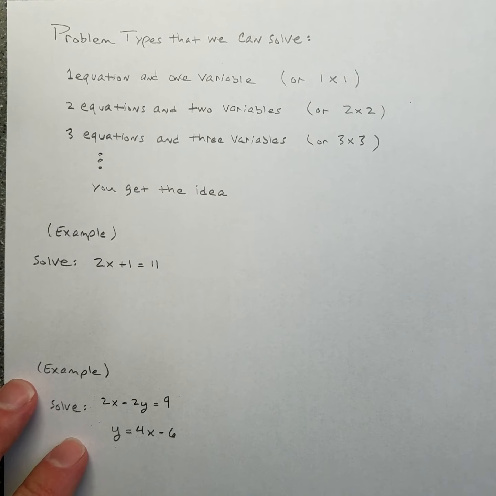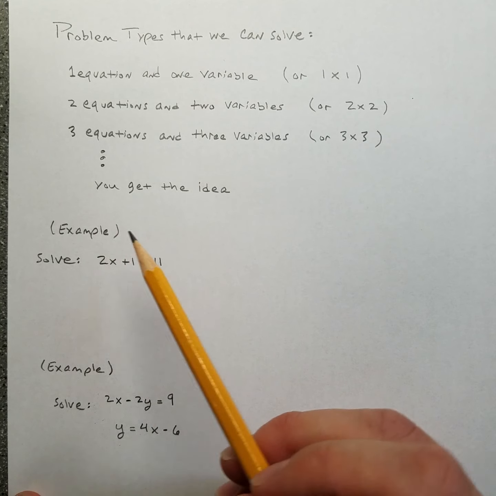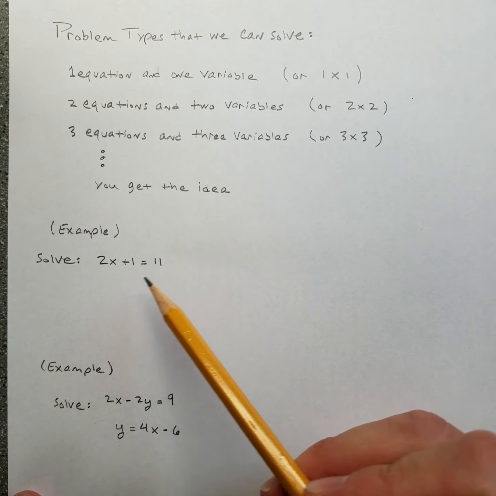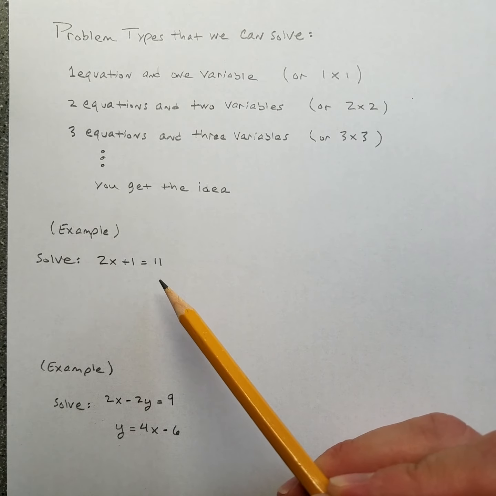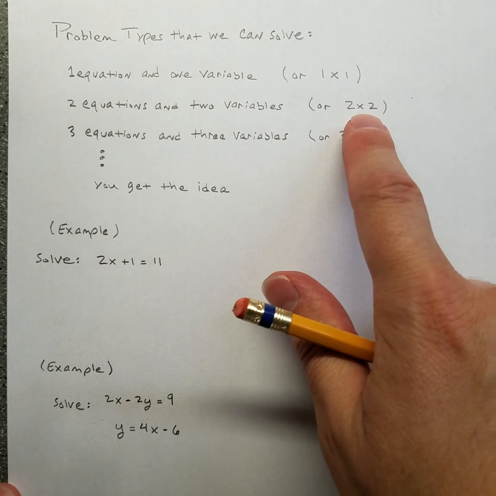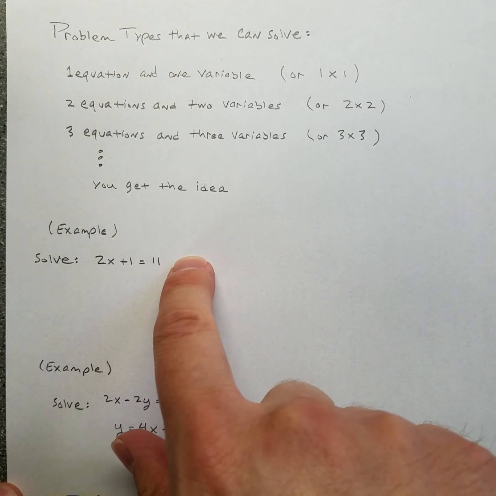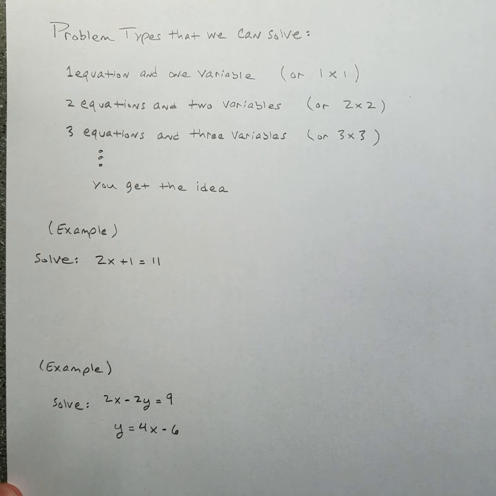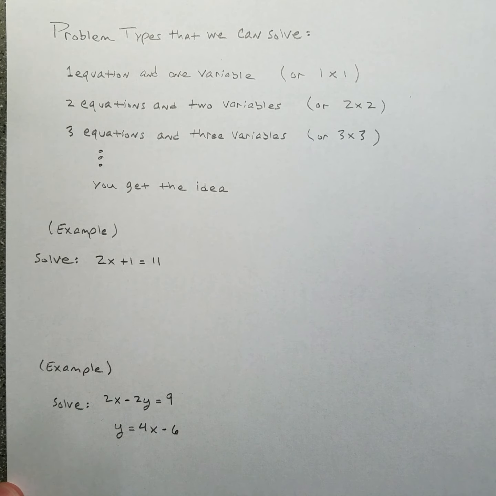Now, about how you would do this, I think that you already should know how to solve that. But I put it on here because all the bigger types of problems really have to end up being back right there. Why is it that you can solve a problem if there's one equation and one variable?